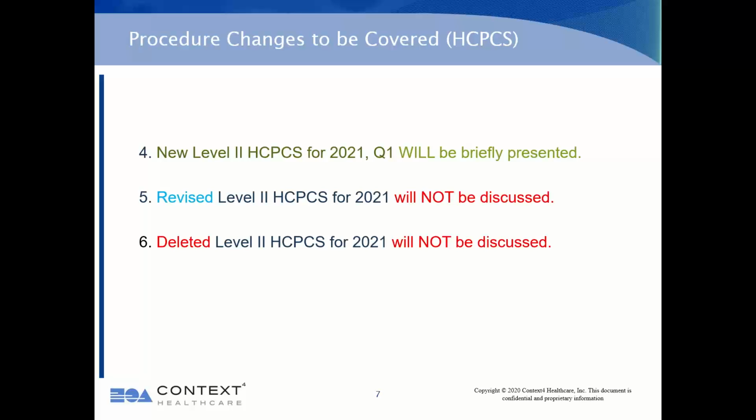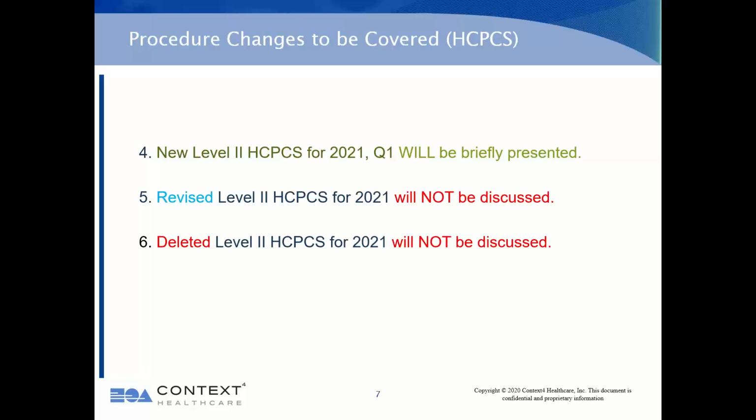HCPCS codes are released quarterly for drugs and biologicals and biannually for DME. I will show all the new Q1 HCPCS codes and their descriptions, but I will only go into detail on the half dozen or so that we have some info about and that by description are likely to be significant. For the most part, only these HCPCS codes and their descriptions are known.